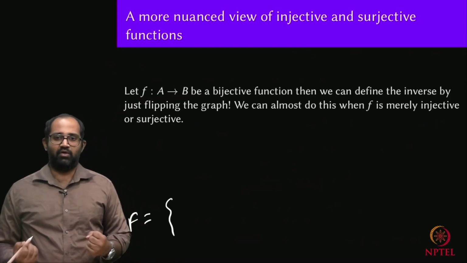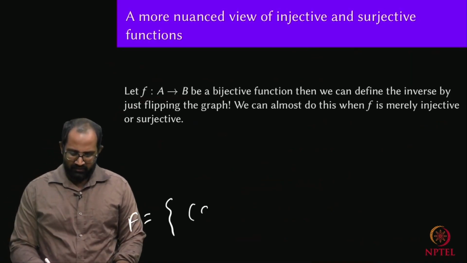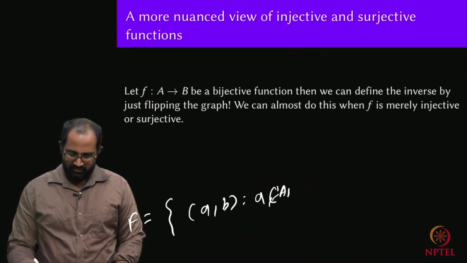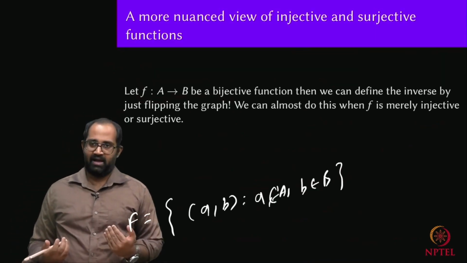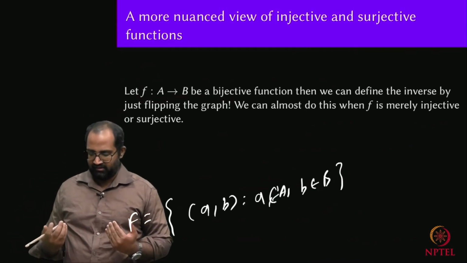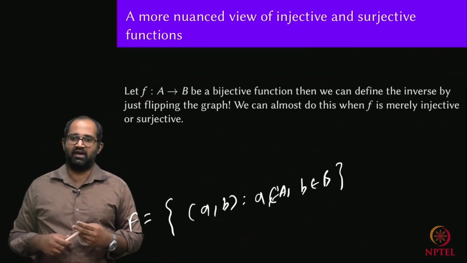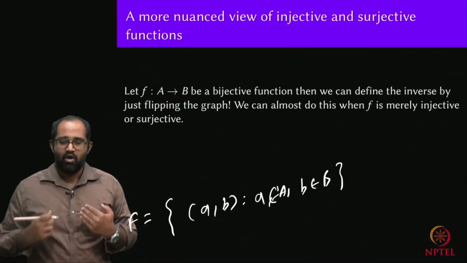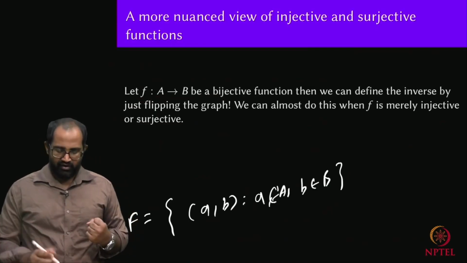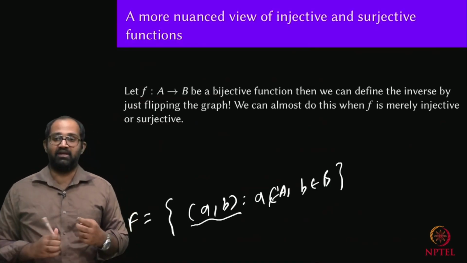And how is this set going to look? It is going to look like ordered pairs (a, b), where a comes from A, b comes from B, and this is not going to be all our ordered pairs, only some of them. The way I have written it looks like I have written the definition of A cross B. All I want to say is f is going to be some collection of (a, b)'s.